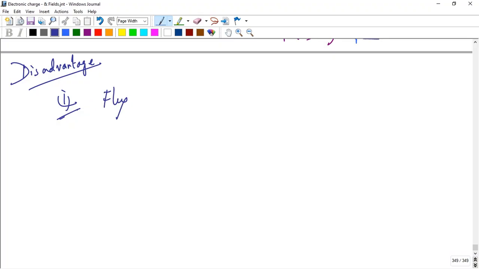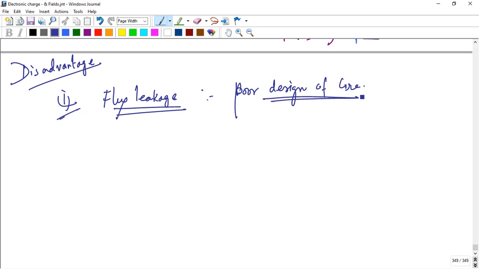Flux leakage, not linkage. It is due to poor design of the core. If you have a poor design, there is some flux leakage. If there is some leakage, there is a voltage mismatch here.